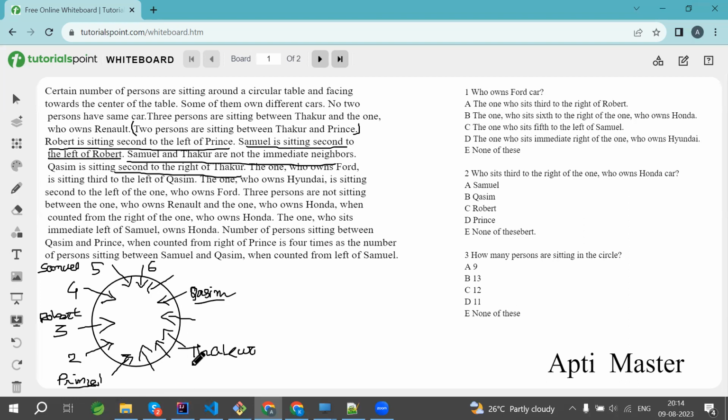This is four times the persons sitting between Samuel and Qasim when counted from the left of Samuel. So left of Samuel means this one. Here we will check how many persons there are. There are 4 into 2. So this is left and this is right, 1, 2, 3, 4, meaning here 4 persons are there.